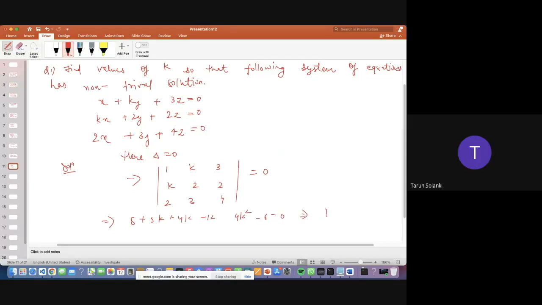So that becomes 4k square minus 13k plus 10 is equal to 0. So that means k is equal to 2 or 5 by 4. So if k is equal to 2 or 5 by 4, then the system of equations has a non-trivial solution. Okay, so you need to copy this problem.